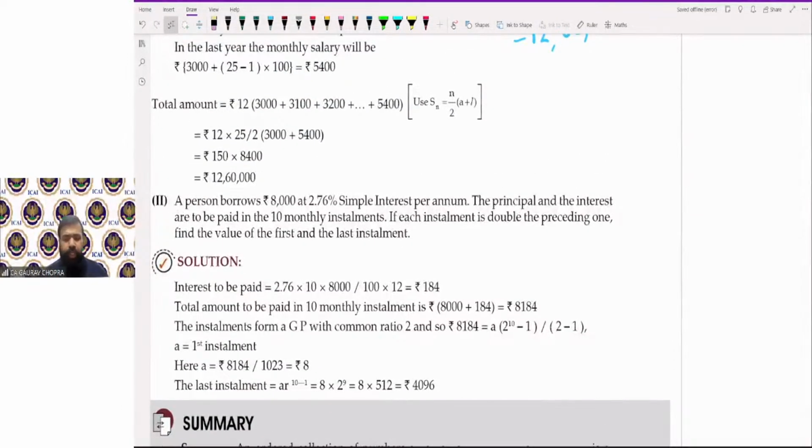तो चलिए क्वेश्चन को एक बार समझते हैं। क्वेश्चन में क्या बोला है? क्वेश्चन में लिया गया है एक लोन, देयर इज अ लोन ऑफ रुपीज 8,000 एंड ऑन दैट लोन वी हैव टू पे इंटरेस्ट ऑल्सो। कितना इंटरेस्ट पे करना है? 8,000 का 2.76%, but not for 1 year, only for 10 months. So you can write 10/12.